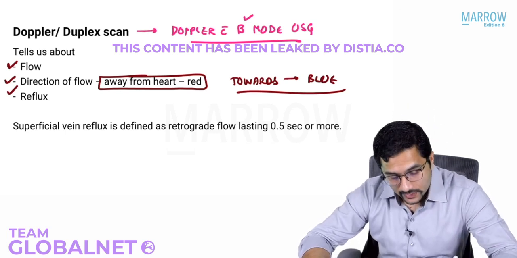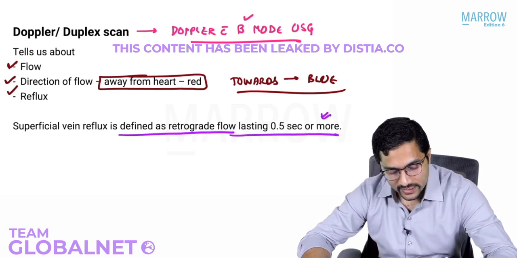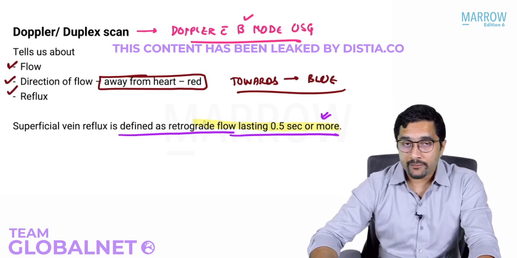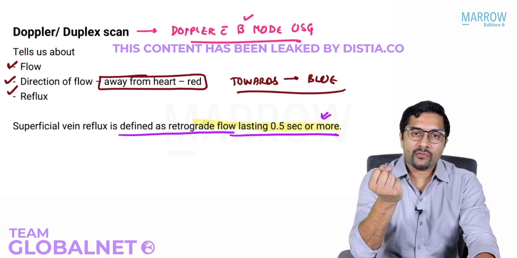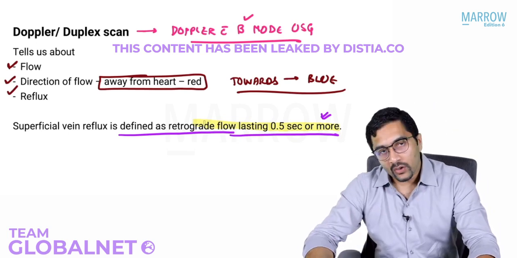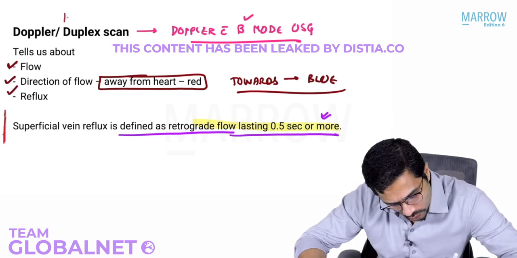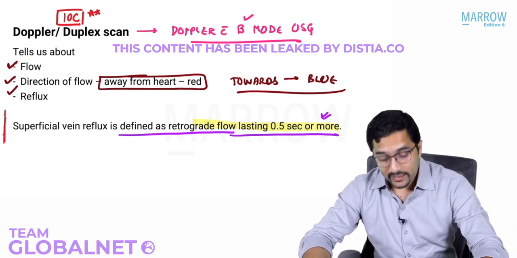Reflux is defined as retrograde flow lasting for 0.5 seconds or more. That is the definition of reflux according to the latest guidelines. And how can we initiate the reflux? We can squeeze the calf to see if reflux is occurring or not, right? So this you should know, Doppler or duplex is the investigation of choice in patients with varicose veins.